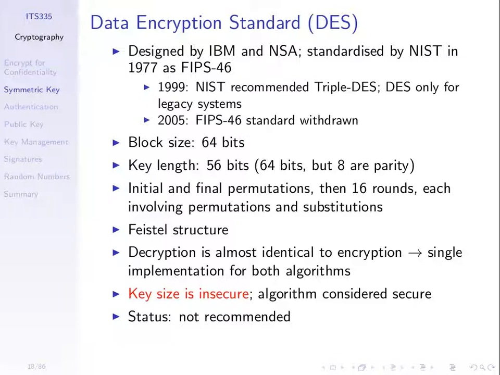In fact, DES uses a combination of permutations and substitutions, but it doesn't just do it once. It does many permutations and substitutions and then repeats it all again, and repeats it again, 16 times, with the idea that the more you mix things up, the more secure the ciphertext will be.